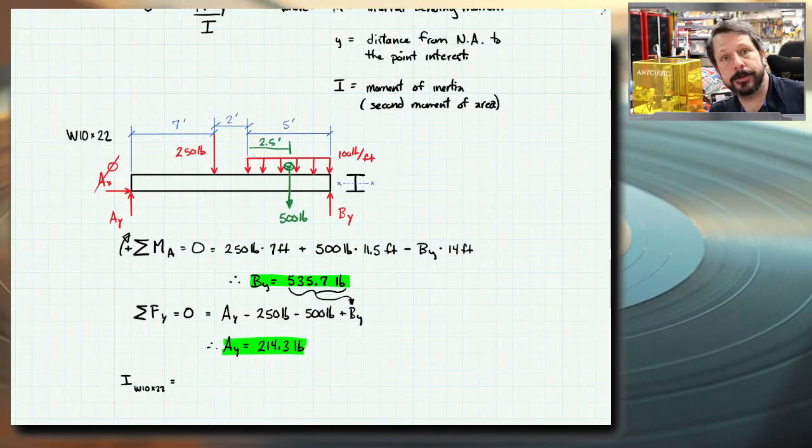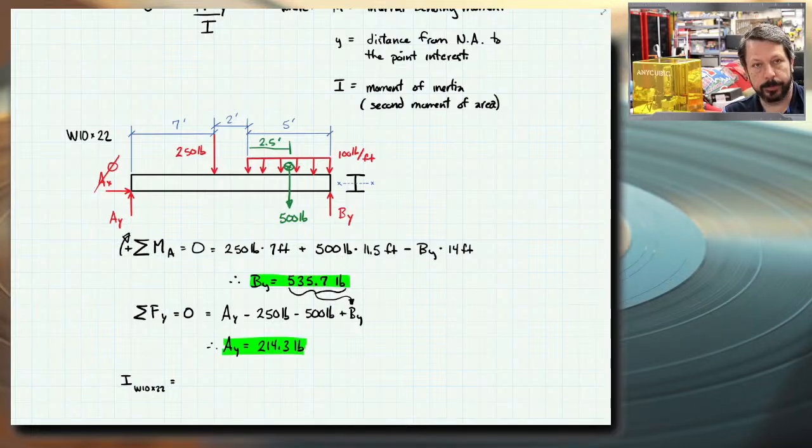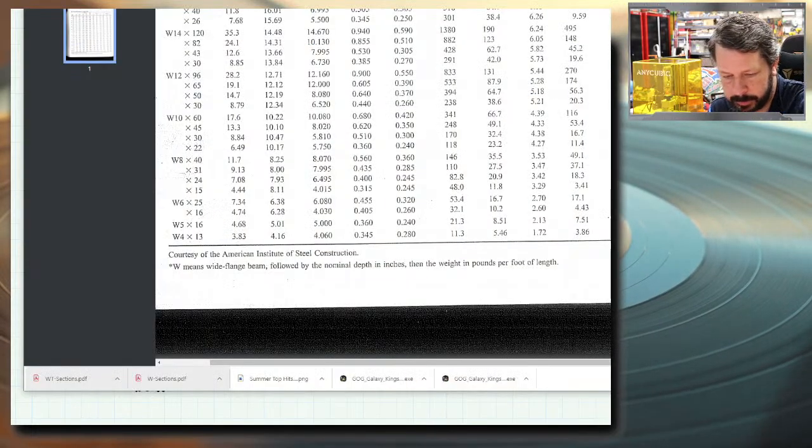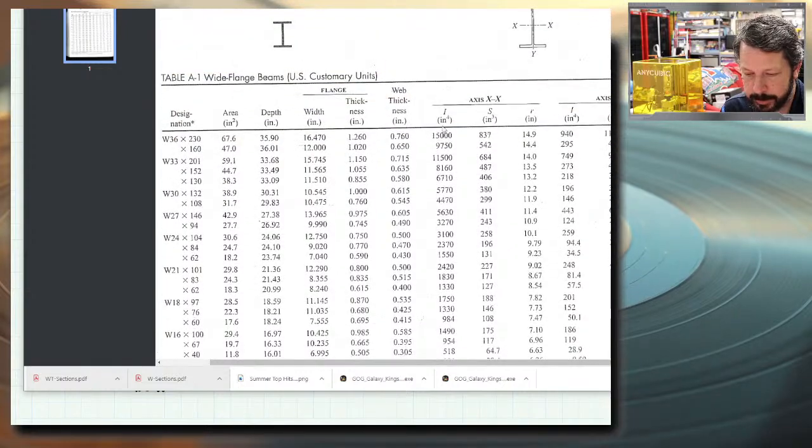So we're going to use the XX column for finding the moment of inertia. So we said this was a W10 by 22, and we want the moment of inertia under the XX set of values. So this is 118 inches to the fourth, and just checking that we're on moment of inertia and XX column. So 118 inches to the fourth.